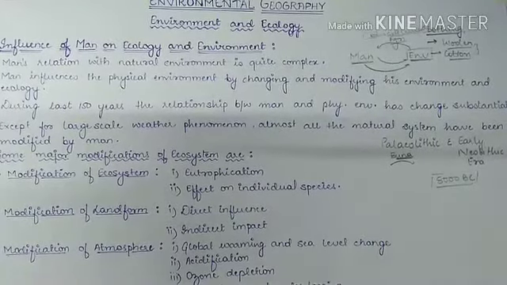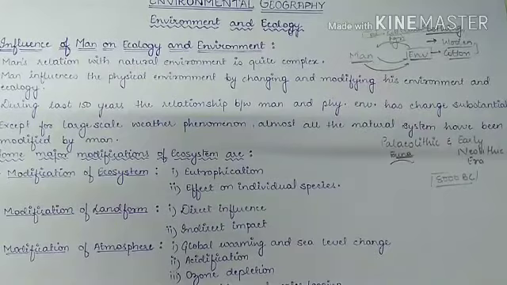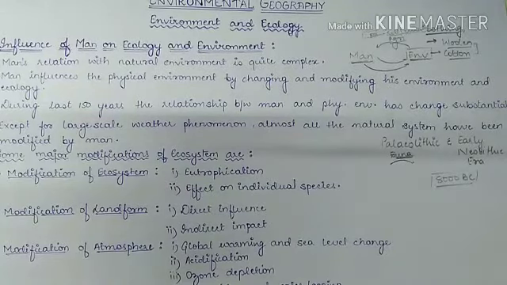Now, the major impact of man's domination, or we can say man's influence over the environment, can be seen after the Industrial Revolution, which started in 1779 in Europe. Man became a powerful agent, and he altered the physical environment for suiting his needs.